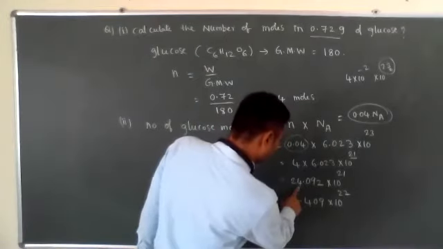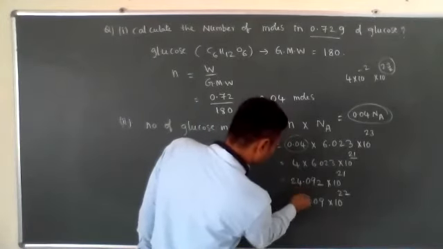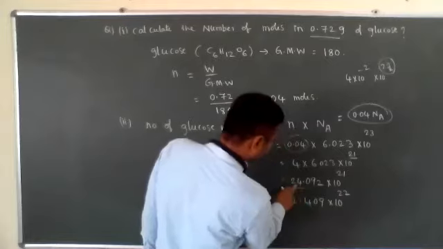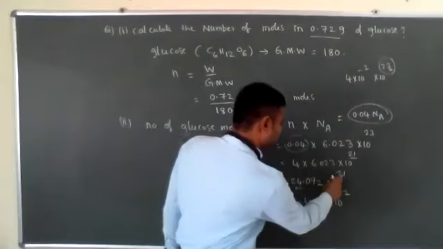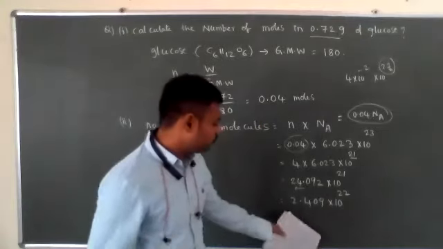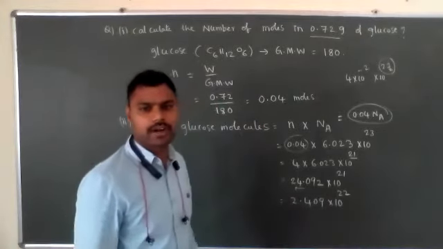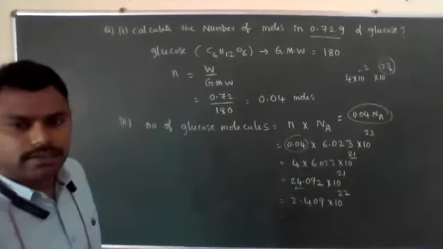Now it is 24. The decimal point goes left, so 24 is 2.4 into 10, which makes the 21 become 22. So 2.409 into 10 to the power of 22 only. Correct.